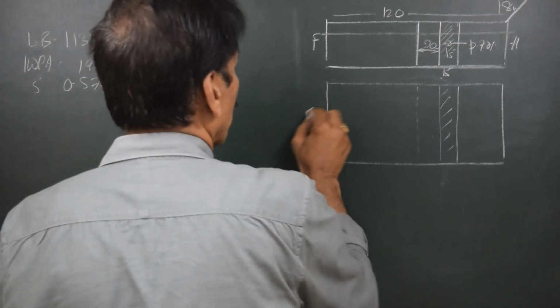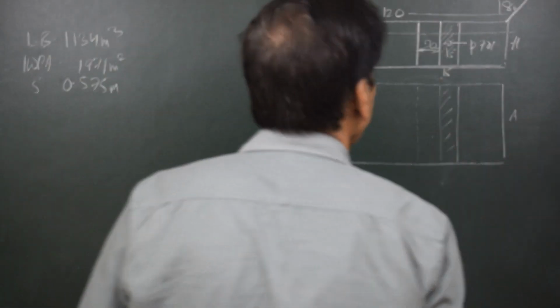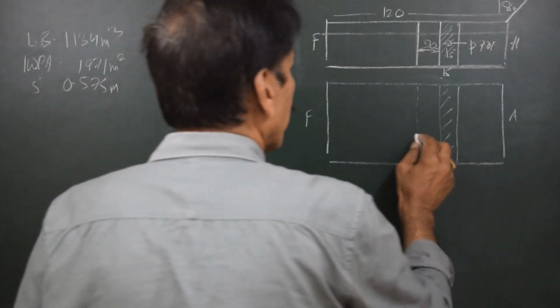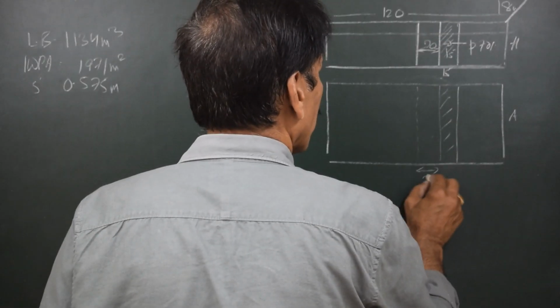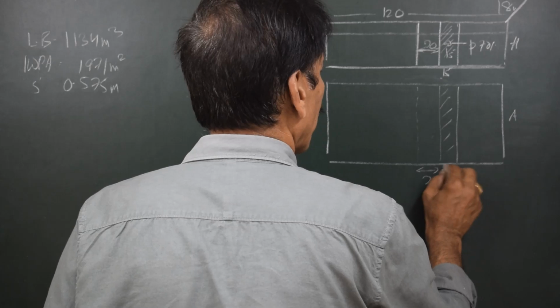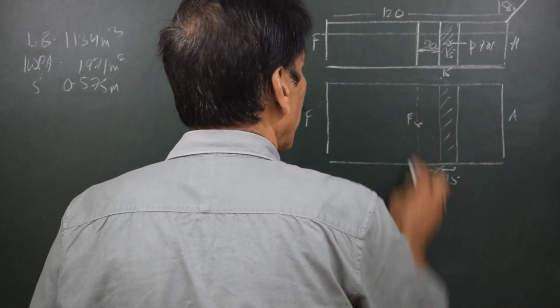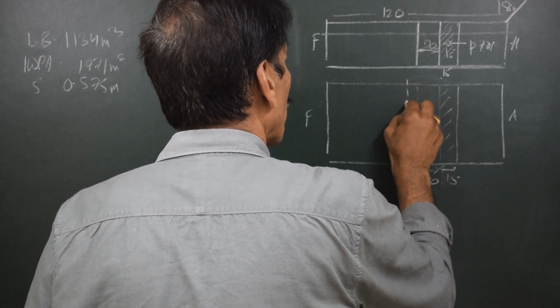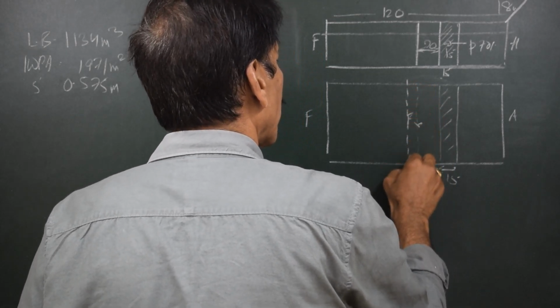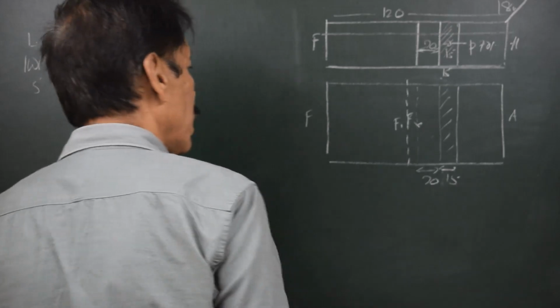So let us say this is the forward end, this is the aft end, and this distance is 20 meters, this is 15 meters, this is the original center of flotation F, and it is going to shift to this new position F1.